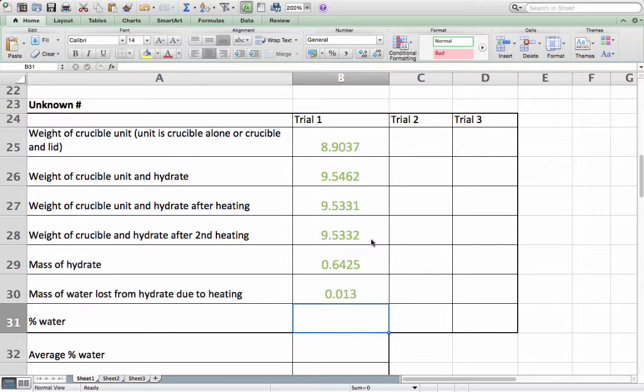To calculate the percent water of my hydrate, I simply divide the mass of water by the mass of hydrate and multiply by 100 to give a percentage. So I can conclude that my hydrate is 2.02% water. I would then repeat this process 2 more times and get the average percent water.